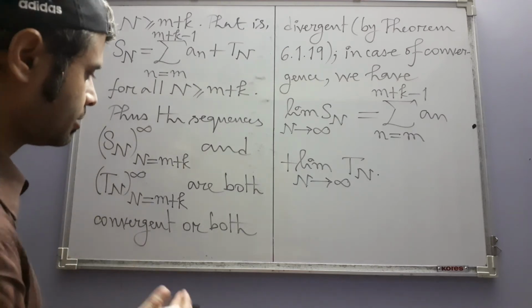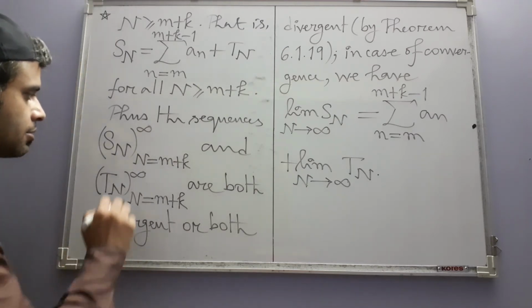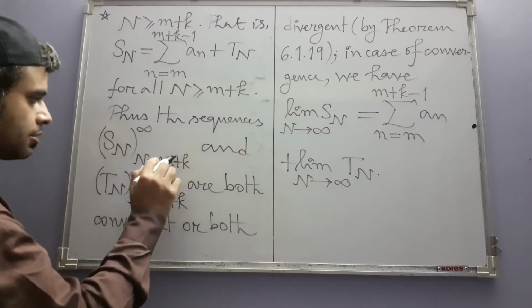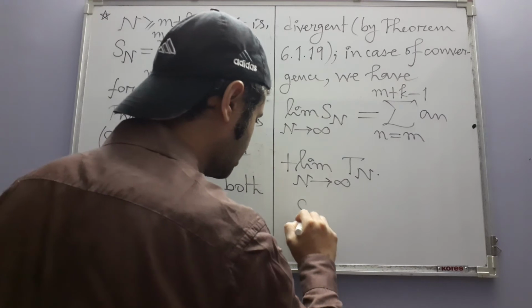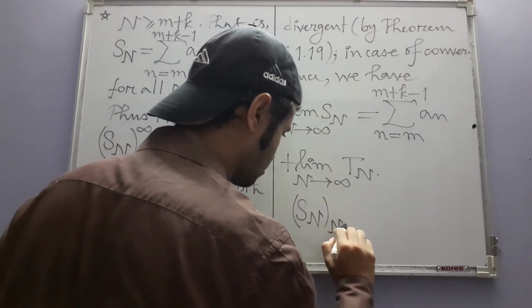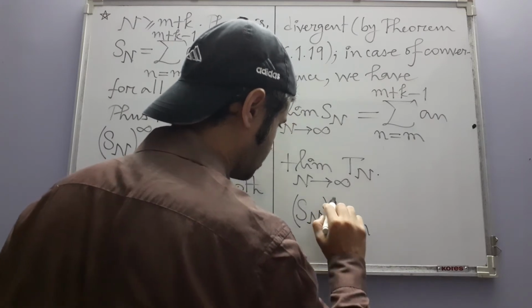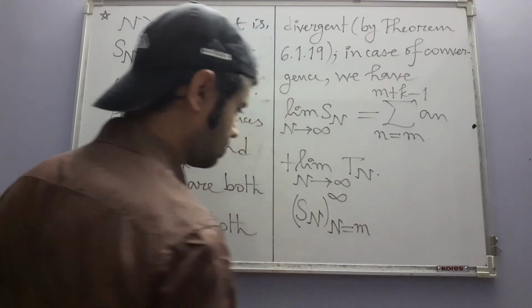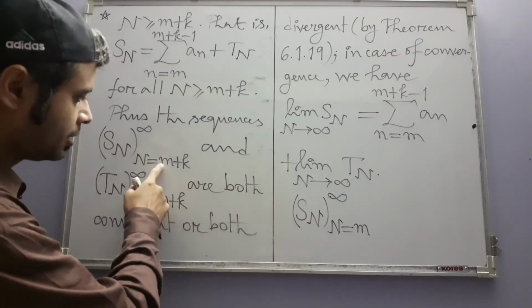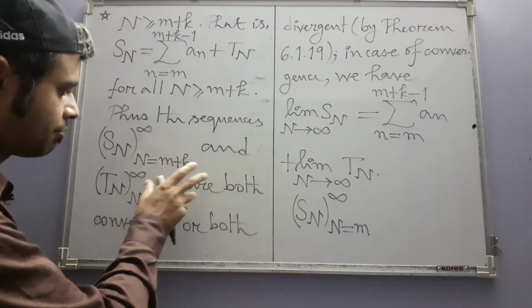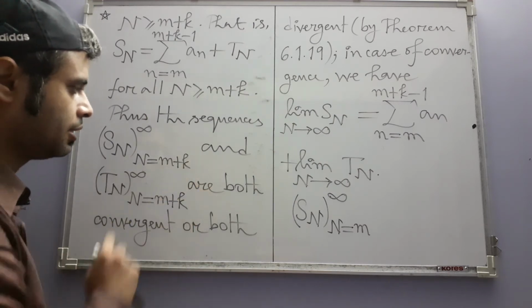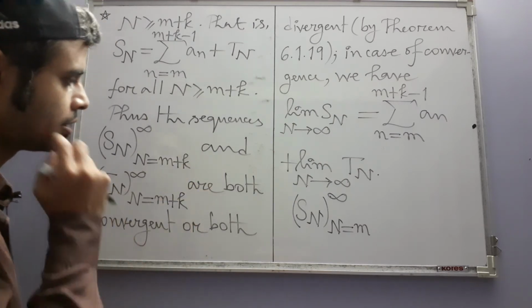But still, it does not matter. This difference does not matter, because do you realize that this sequence is a subsequence of the original sequence of partial sums? There is simply a difference in first few terms, and actually there won't be any difference if k is 0, but that is only a special case.